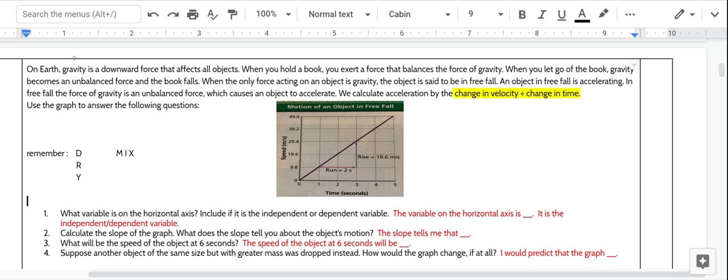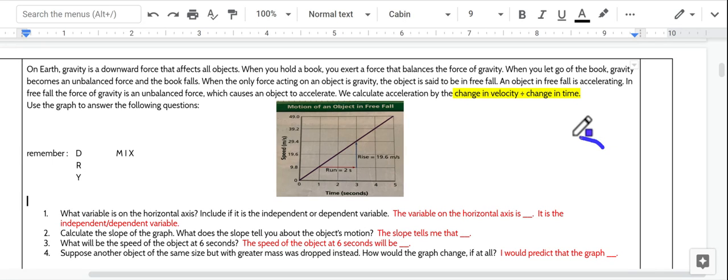When the only force acting on an object is gravity, the object is said to be in free fall. An object in free fall is accelerating right there. In free fall, the force of gravity is an unbalanced force, which causes an object to accelerate.